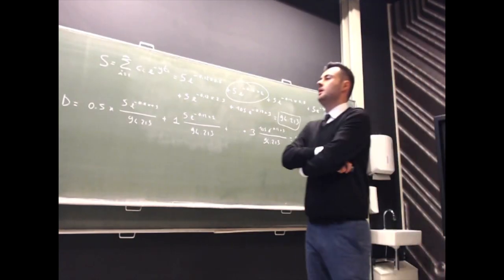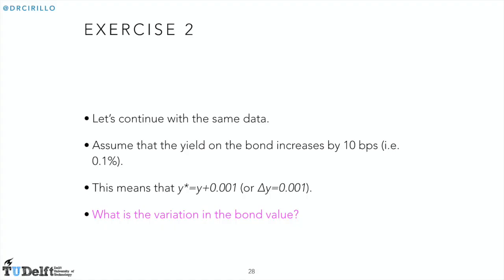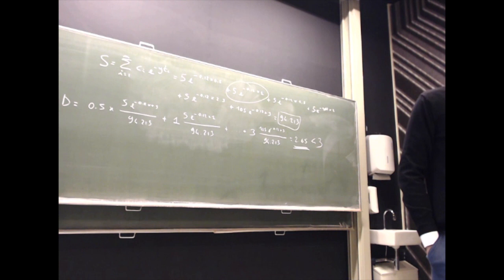And let's consider a second exercise. So we are still there. This is the duration that we have computed. And now we ask ourselves, what happens if there is an increase in the yield of 10 BPS, basis points?